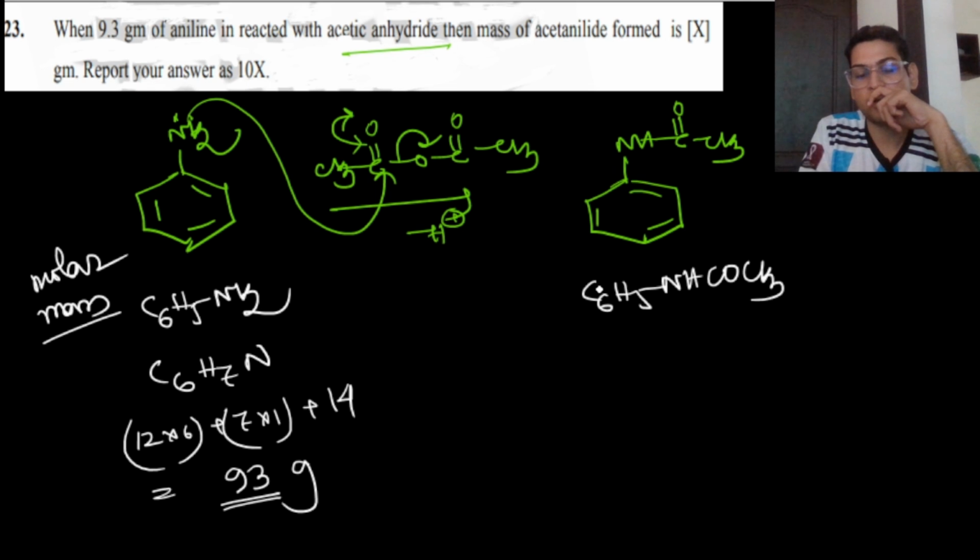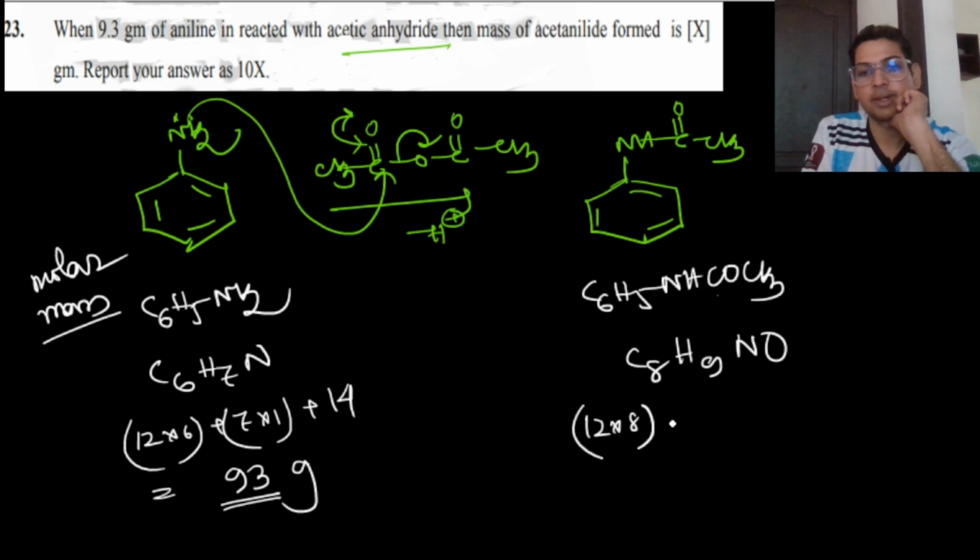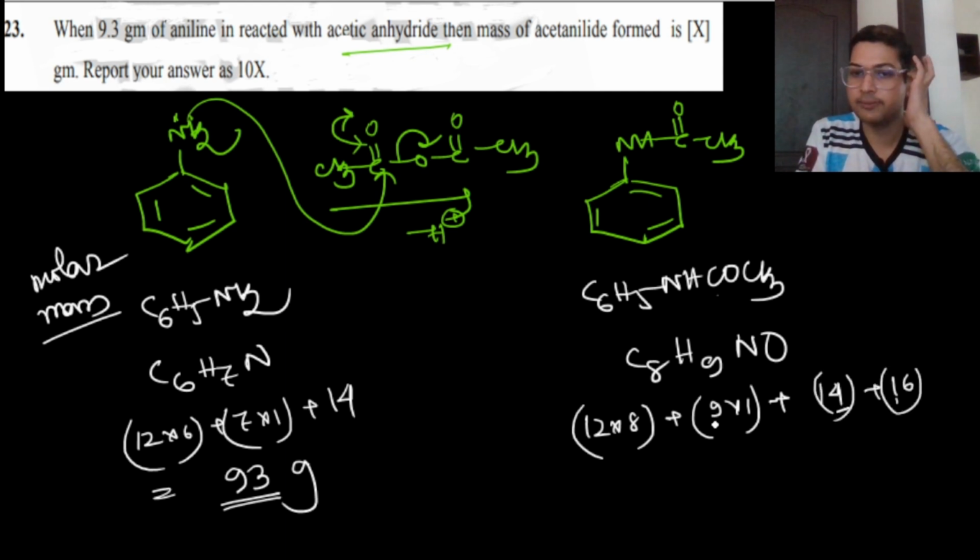If I combine, then how many carbons? 6 plus 2, C8, H5 plus 4, H9, and nitrogen and O. Carbon is 12 into 8 plus hydrogen 9 into 1 plus nitrogen 14, oxygen 16, that gives 135 gram.